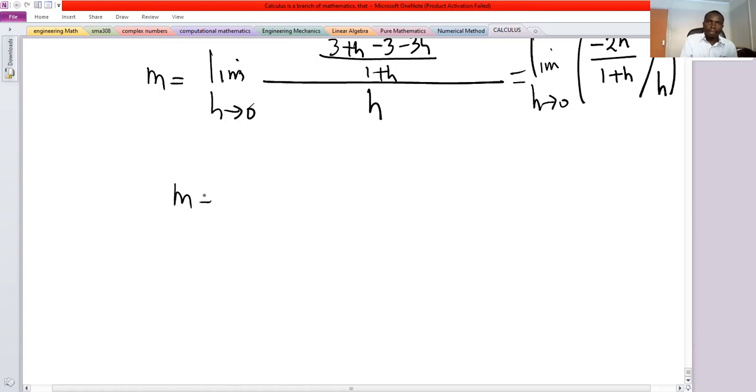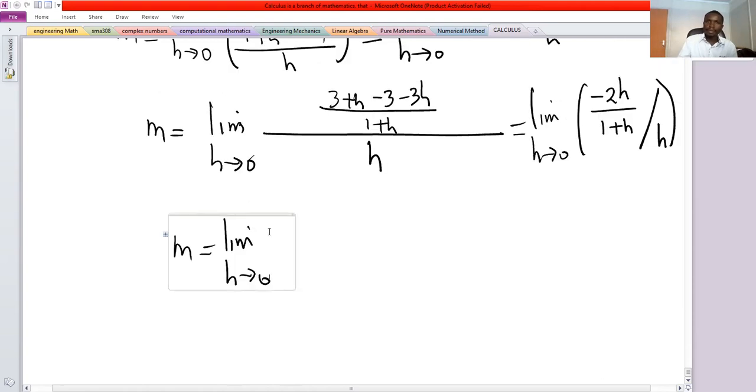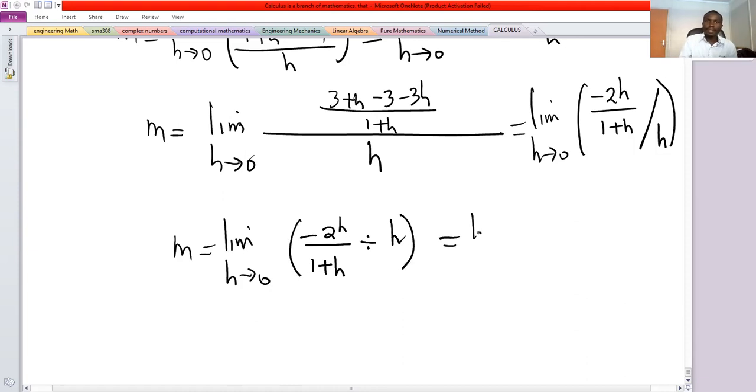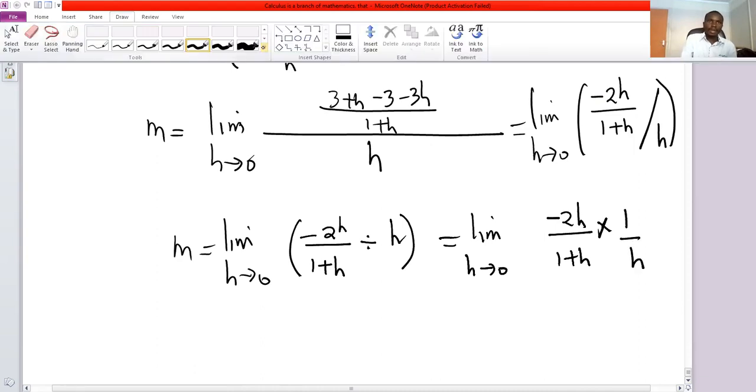So m is the limit as h approaches 0 of minus 2h over 1 plus h, and dividing by h is the same as multiplying by the reciprocal, so minus 2h over 1 plus h times 1 over h. And h will cancel out.